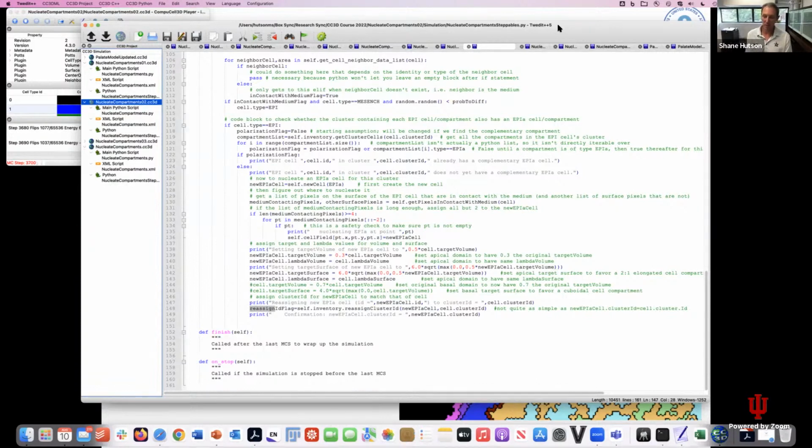Yeah, getting the parameters right so you have 3D epithelial tension is tough. It is doable, but it's a little brittle, I would say.